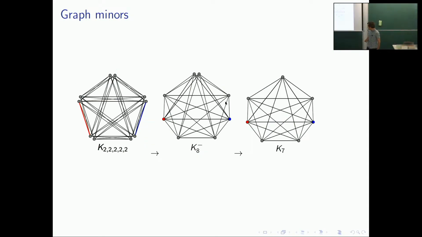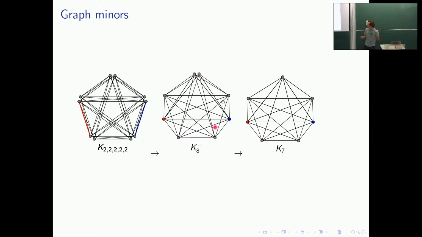So here's a picture, right? So if we start with the complete multipartite graph K_{2,2,2,2,2}, we can contract this red edge here down to this red vertex, and this blue edge here down to this blue vertex to obtain this graph K8 minus 1 edge.